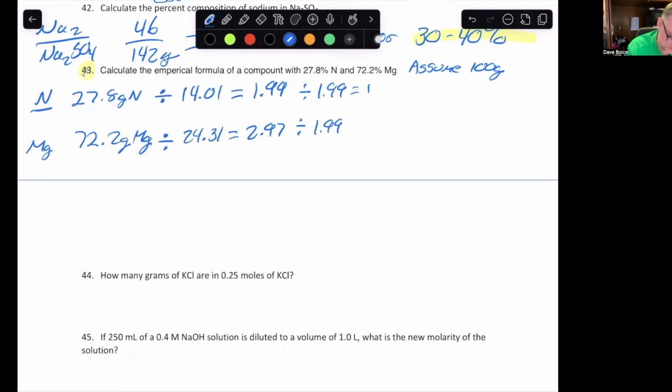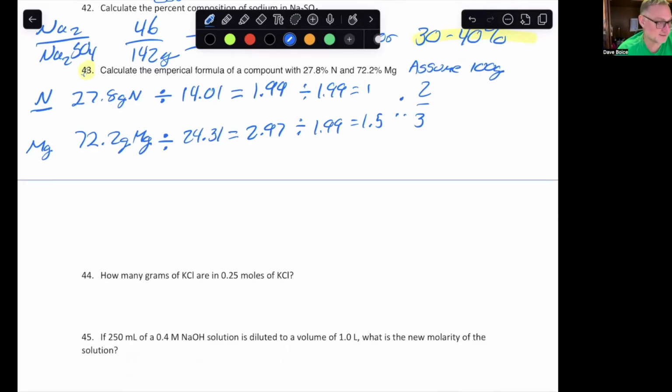And that's going to equal 1 to 1.5. I can't do a 1 to 1.5 ratio, so I'm going to change that to 2 to 3, which is the actual ratio. So sometimes if you go back and look at the iron oxide one we did, dividing by the smallest really does kind of clear it up.